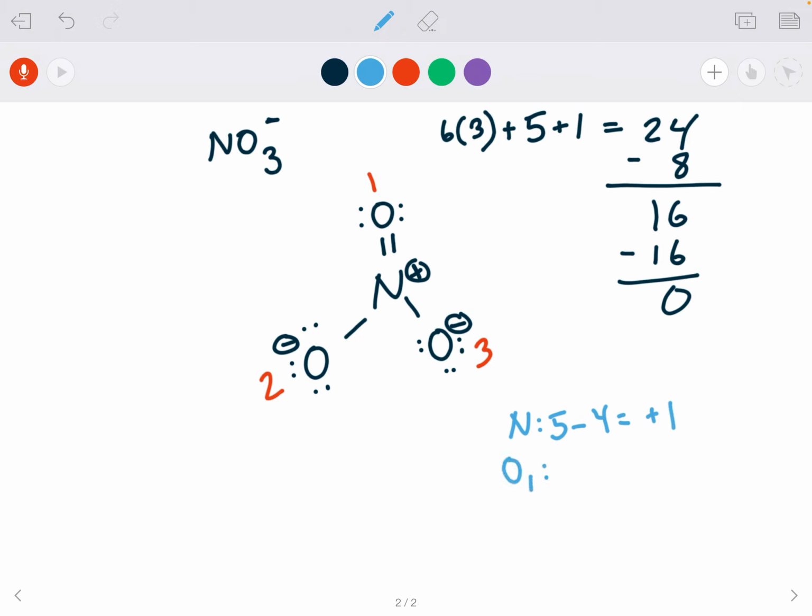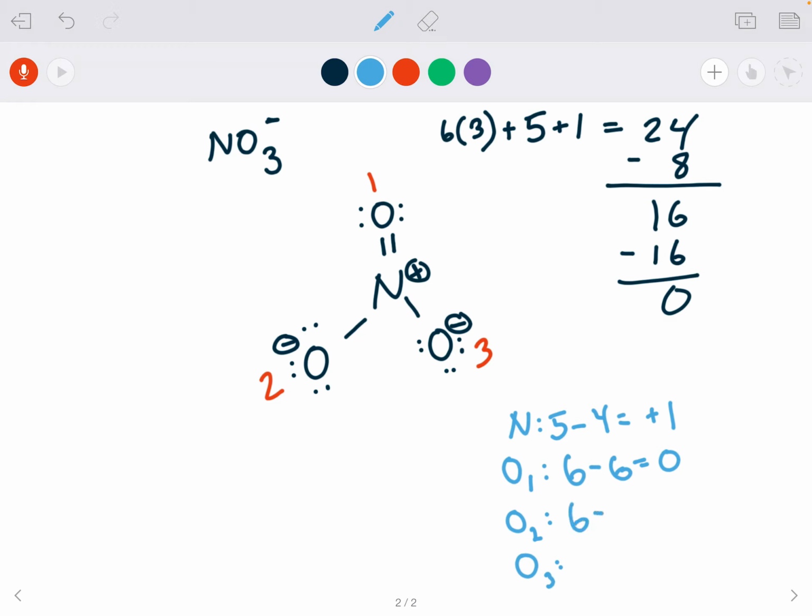Oxygen 1, I have 6 valence electrons minus 2 bonds, so that's 2 electrons, plus 4 non-bonding electrons to give me 6. That adds up to 0. Oxygen 2, I have 6 valence electrons.